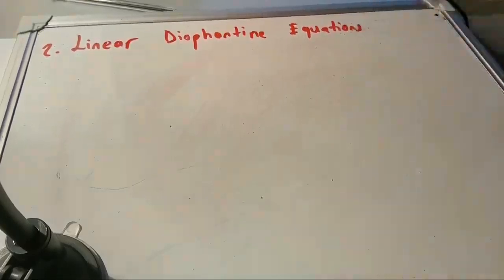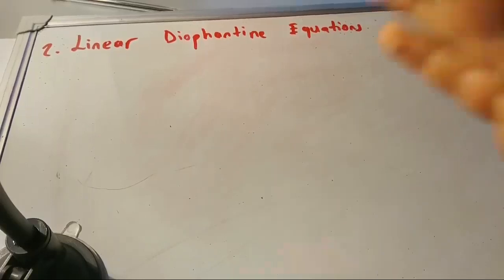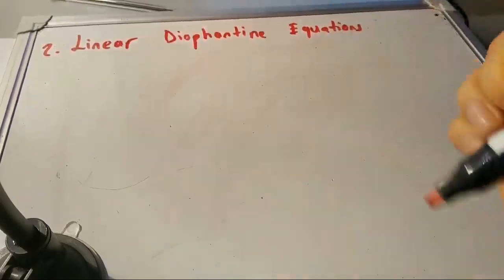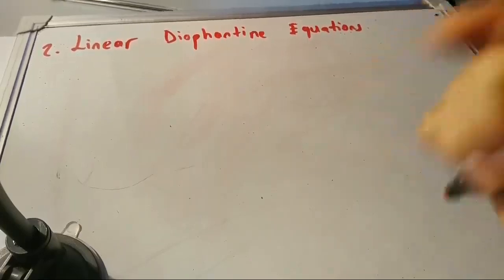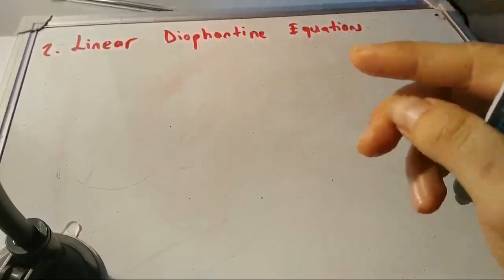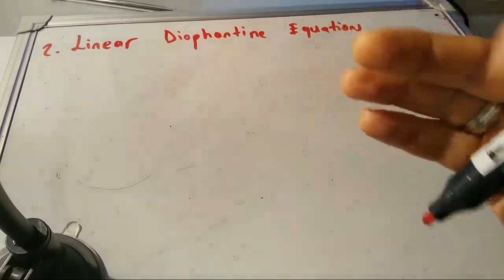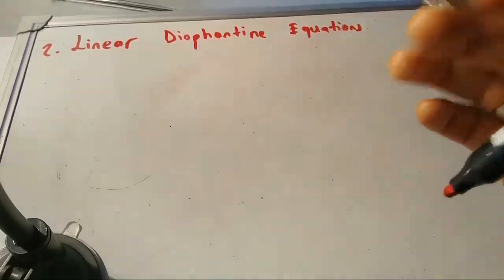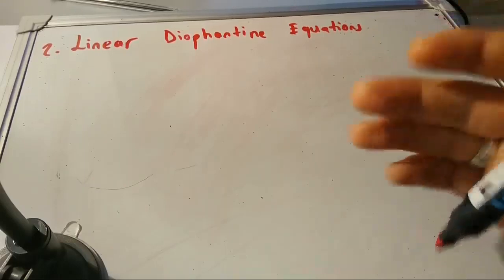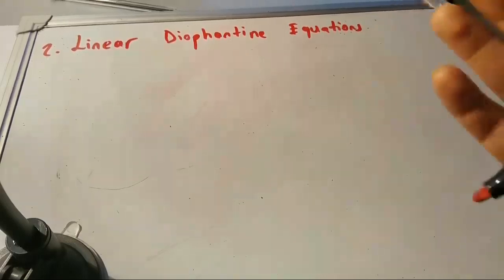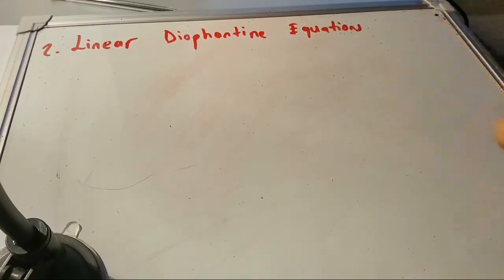In this part, I'm going to show you equations in two variables called linear Diophantine equations. This kind of equation requires integer solutions. The goal of this part is to present the set of points that determine the solution to this kind of equation. Geometrically speaking, the Diophantine equation represents the equation of a straight line.